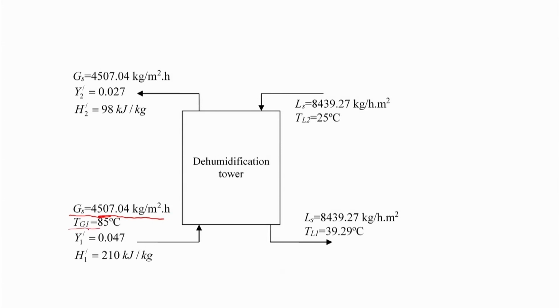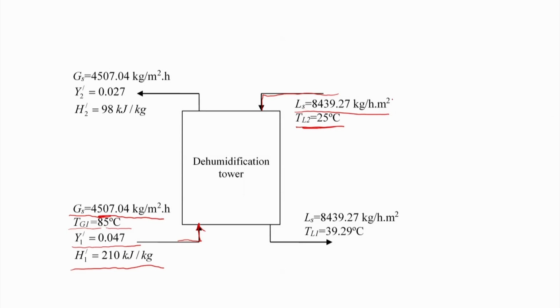The inlet air temperature is 85 degree Celsius with absolute humidity 0.047 kg per kg dry air, and enthalpy value is 210 kilojoule per kg dry air. So hot air is entering, and the cold water is entering at 25 degree Celsius with actual flow rate of 8439.27 kg per meter square hour.